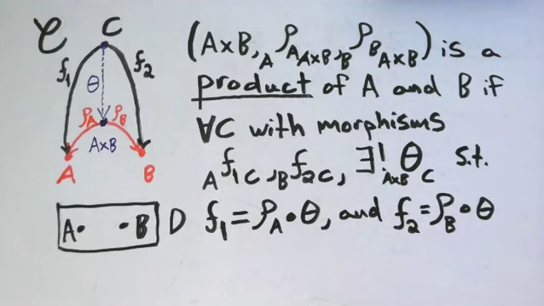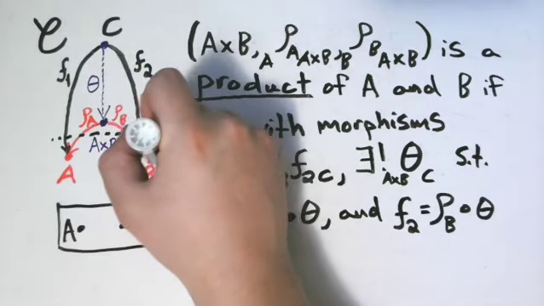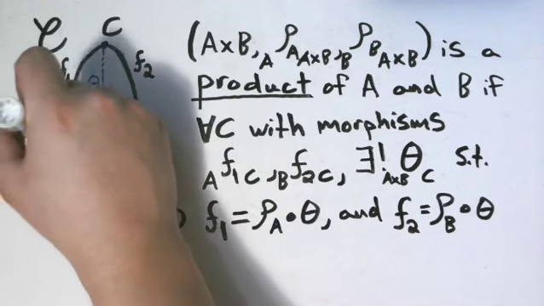The question that might jump to mind right away is, how does this definition line up with the definition of a product as a limit over a discrete diagram like this? Well, the easiest way to notice it is to take this diagram here, AB, which would be just this chunk here without any of the morphisms.